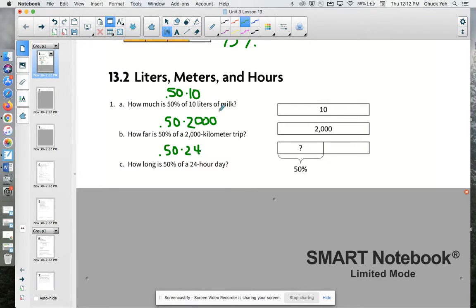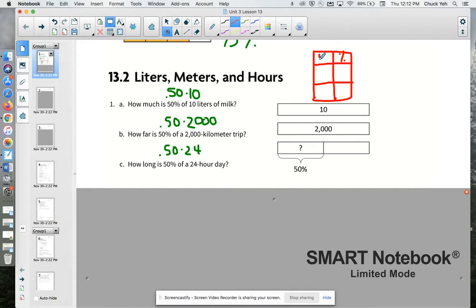All right. You could also draw a table if you like. If a table really helps you, then you can even draw a table. Draw a table like this. So this is percent.